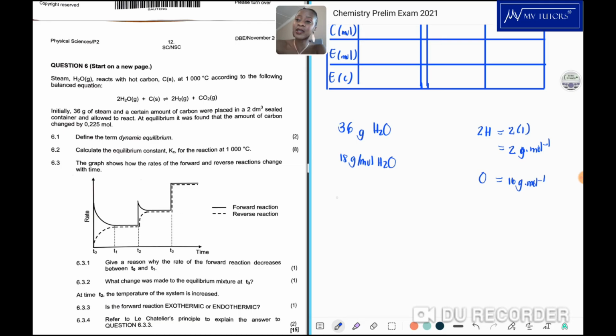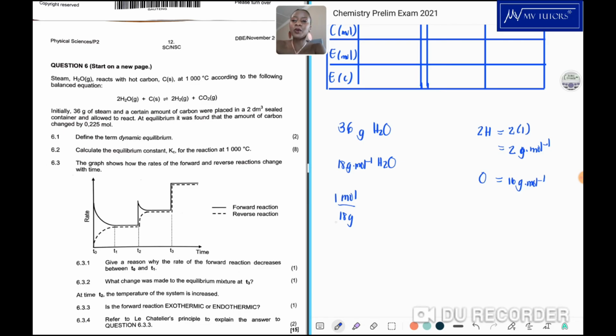So if I want that, I'm going to take 1 mole per 18 grams, just swapping it around. It's actually 18 grams per mole.